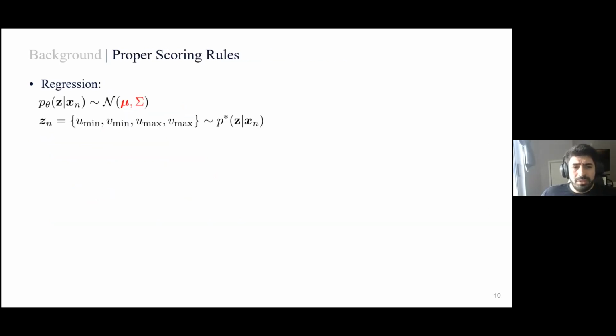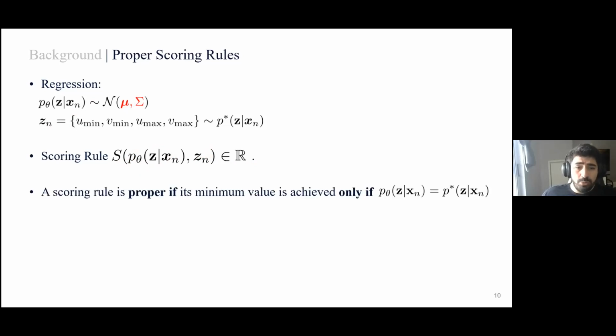We try to resolve this problem by introducing proper scoring rules. So, a scoring rule S is a function that maps a predictive distribution P of theta and the correct target Zn to a real valued scalar. S is said to be proper if and only if the only predictive distribution that produces the minimum value on S is actually P star.